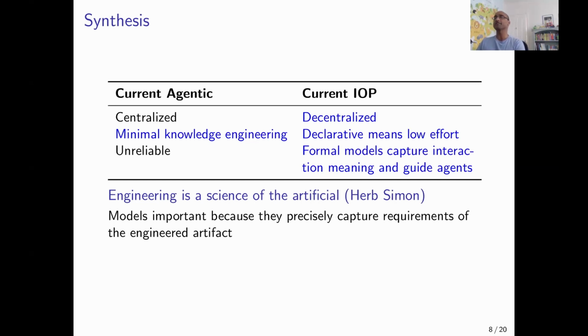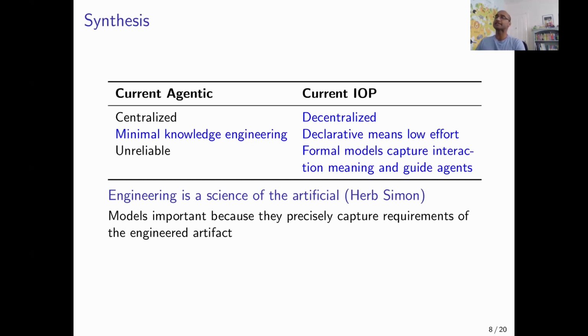That they can reason in various contexts and come up with some solutions. So they reduce the knowledge engineering effort. IOP also reduces the knowledge engineering effort, perhaps currently not as much as LLMs, but because the abstractions are declarative, less effort is required in building the multi-agent system and in building agents to participate in that system.